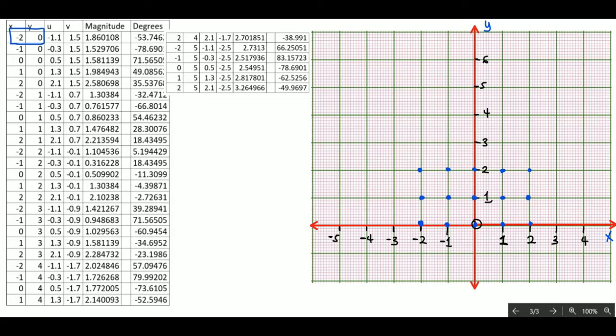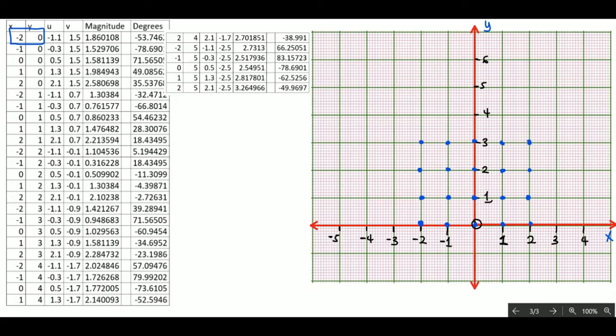The next one is going to be minus 2, 3, then minus 1, 3, and then 0, 3, and then we are going to have 1, 3 and then 2, 3.